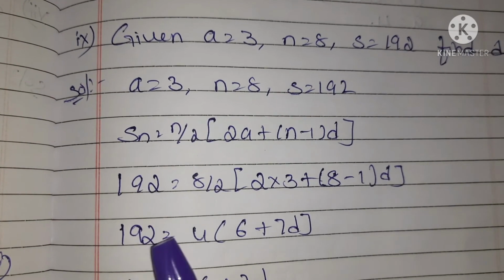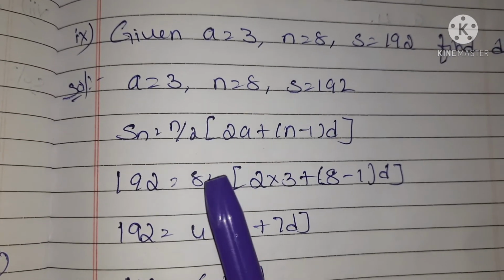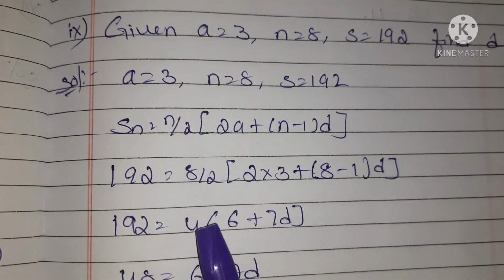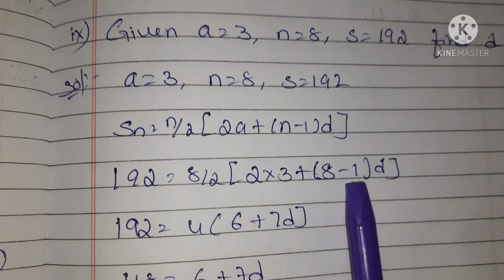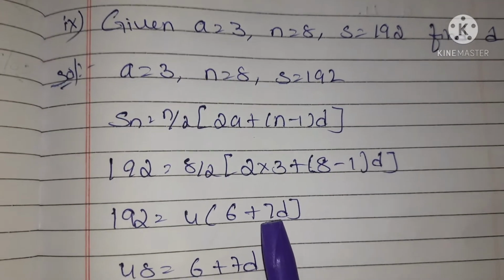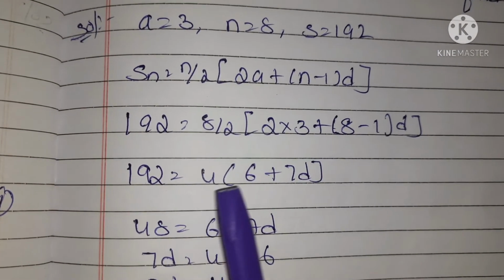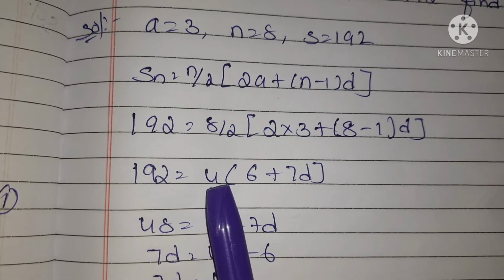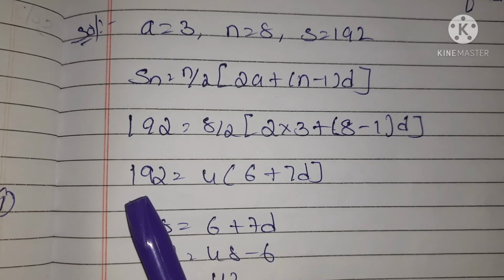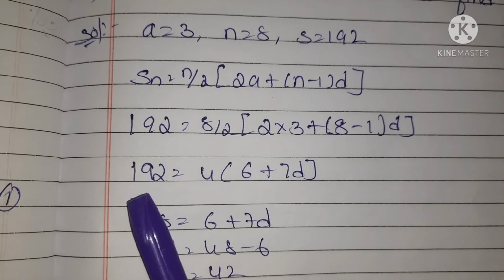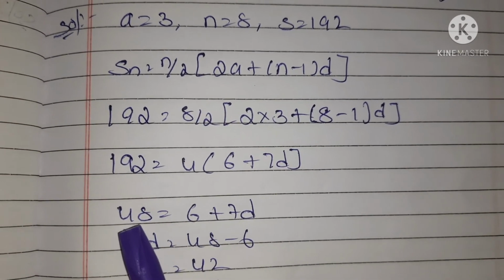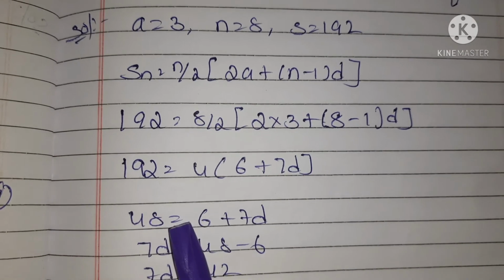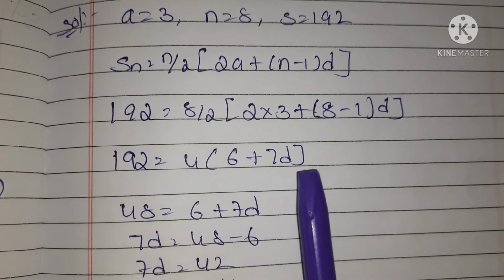Now 192 is equal to, here 2 ones are 2, 2 fours are 4 into 2 threes are 6 plus 7, 8 minus 1 is 7D. Now this 4 here multiplying, it comes to the left hand side, it will divide. Now 192 divided by 4 is 48 is equal to 6 plus 7D.